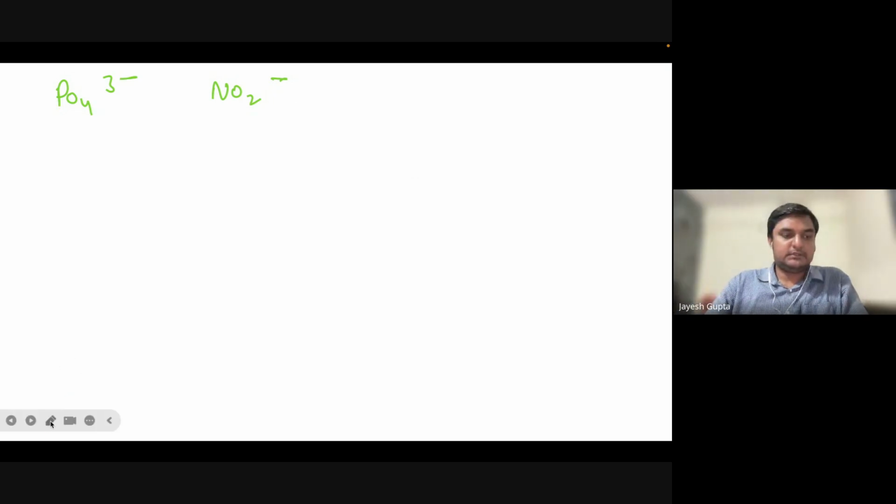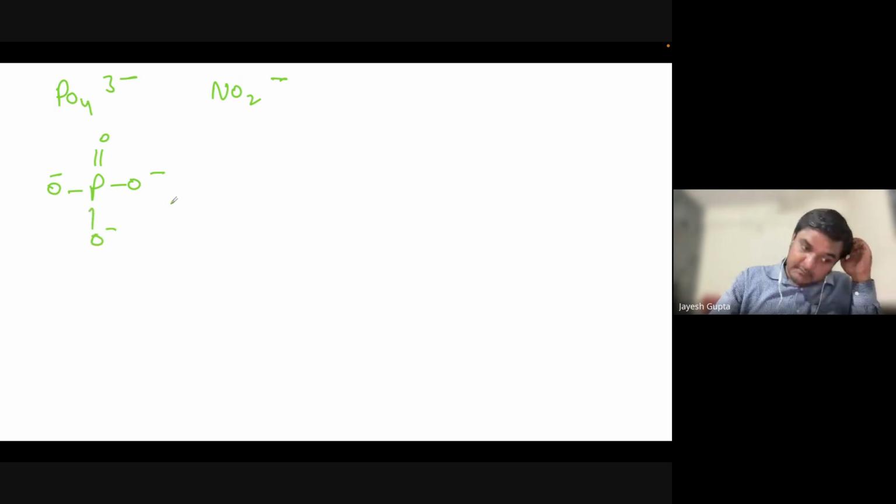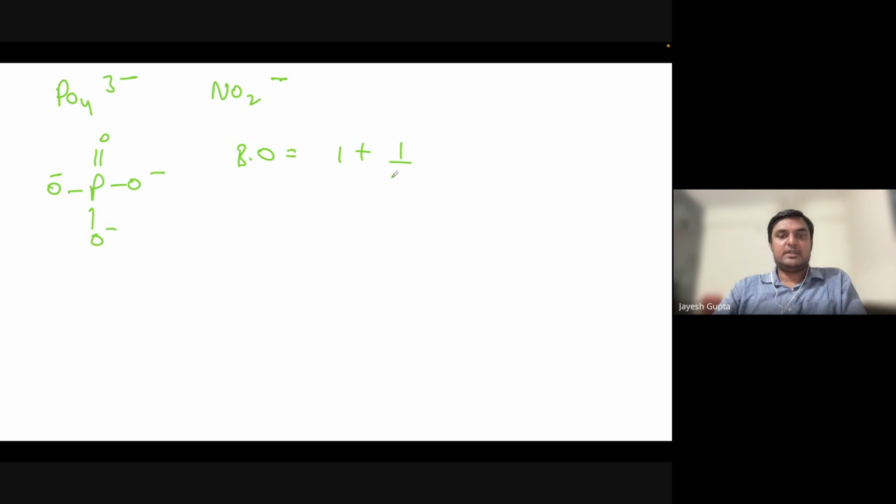Okay, so let me draw this. PO4 3 minus. Like you told, the resonating structure will be like this one. Each time you make a resonating structure, this negative charge will be shifting and this pi bond will become a negative charge. Likewise this one, likewise this one. So if I talk about bond order, I am getting here 1 plus pi, here is 1, sigma bonds are 5, you are getting 5 by 4.